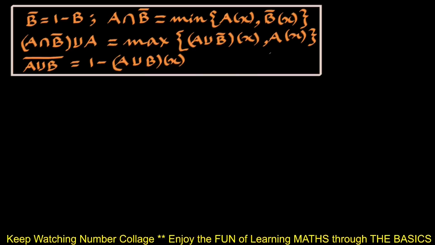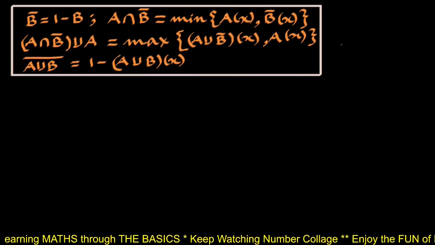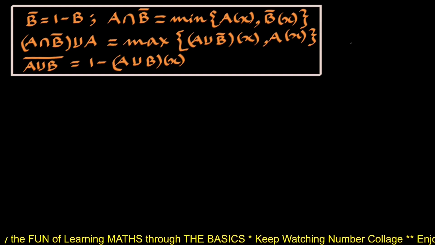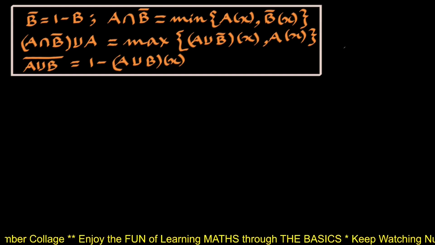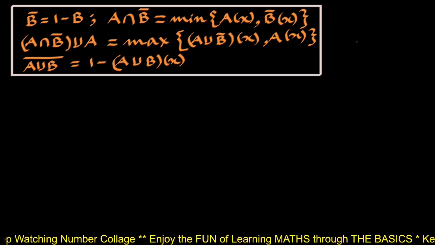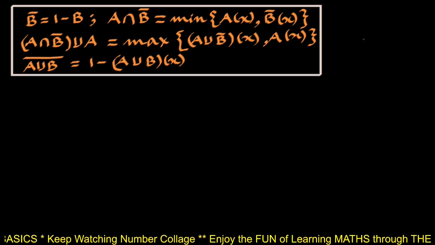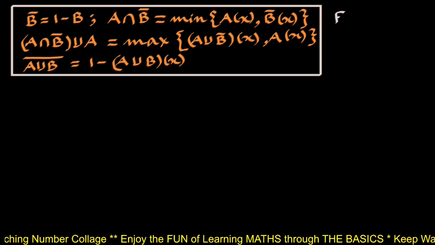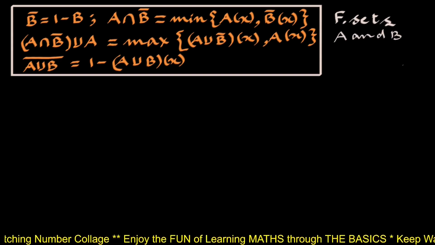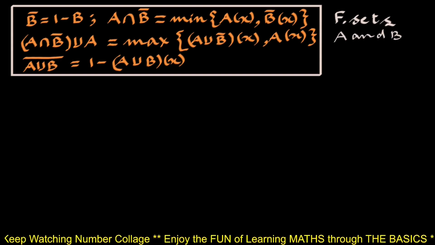The expressions in this inset have been written according to the rules that we have just understood. Now we will solve a problem based on these rules. Let the fuzzy sets A and B be defined by the following membership functions.